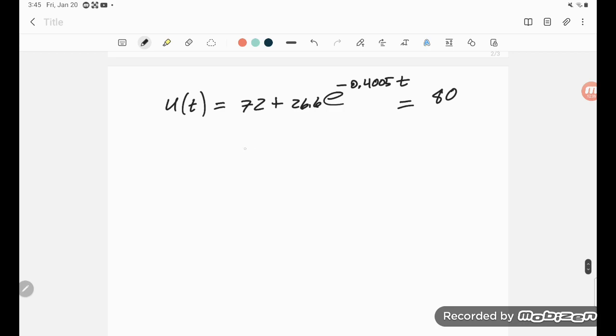Okay, so that means 26.6 e to the negative 0.4005 t equals 8. You see we did the calculus and the differential equation stuff once, but now it's all a bunch of algebra.